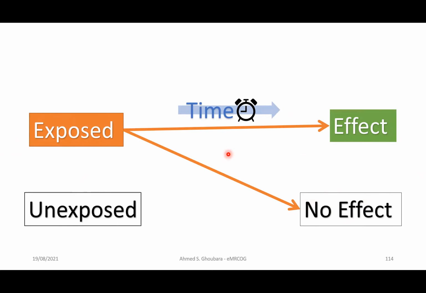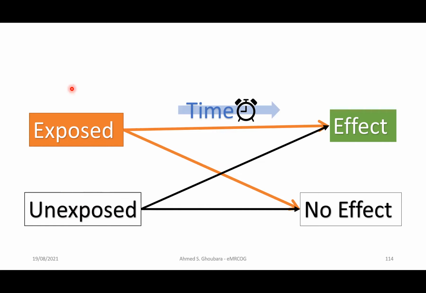Among the unexposed non-smokers, after 10 years, for example, some people can get lung cancer from nowhere. So: unexposed with disease, and unexposed with no disease.